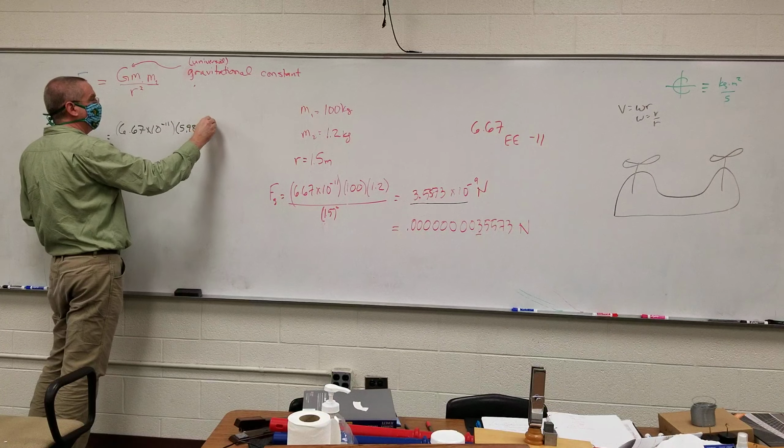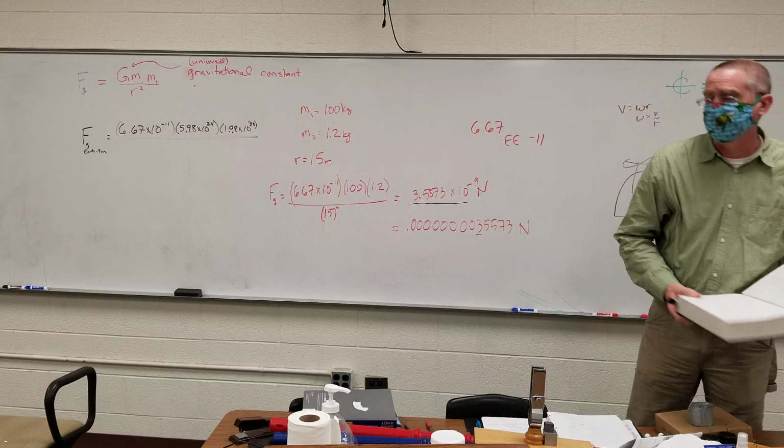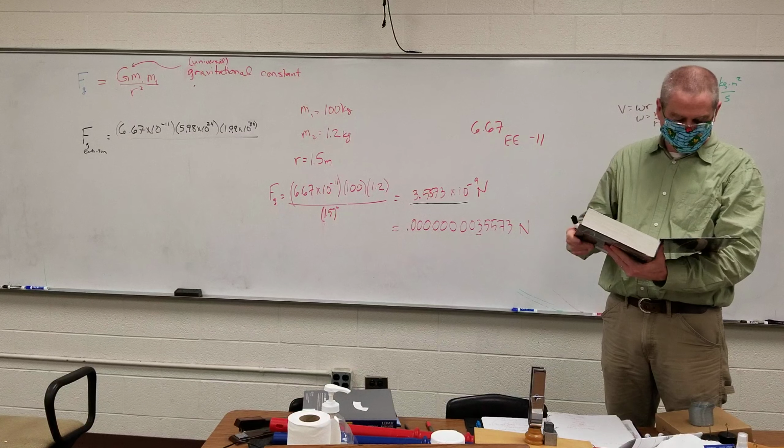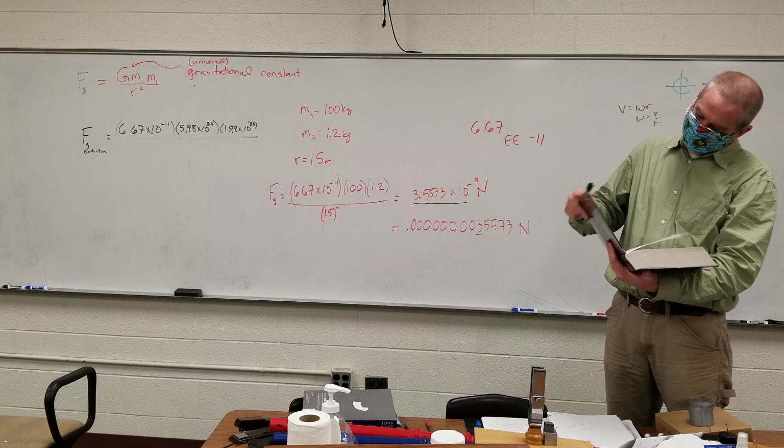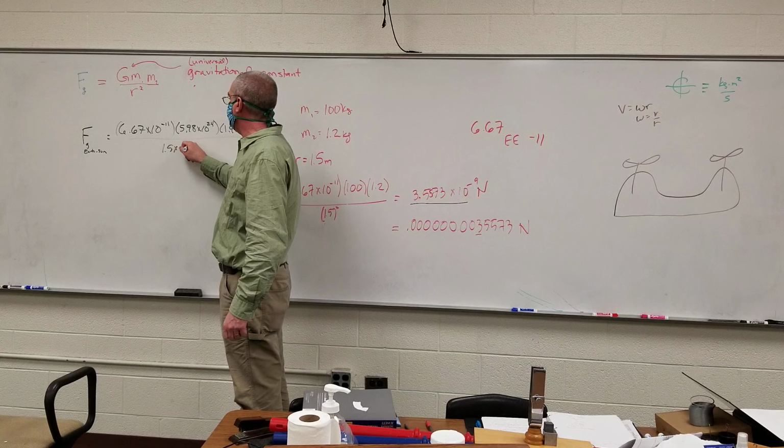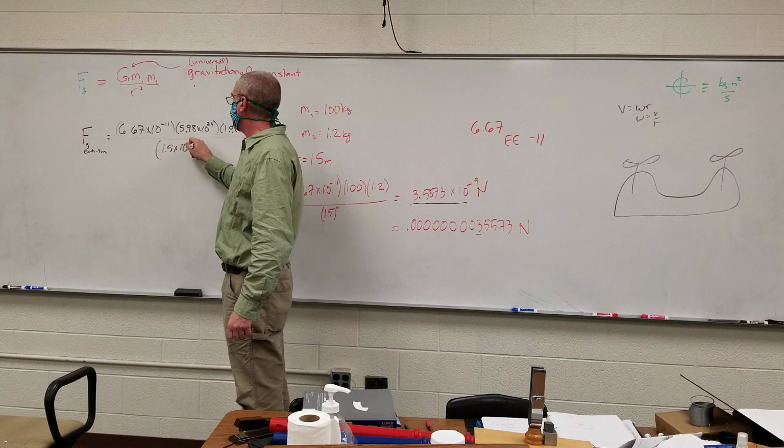How do you know all of those numbers? Because I was using these numbers a couple days ago in a different class. Oh, okay. Average radius Earth, 1.5 times 10 to the 11th. Okay. So 1.5 times 10 to the 11th squared.